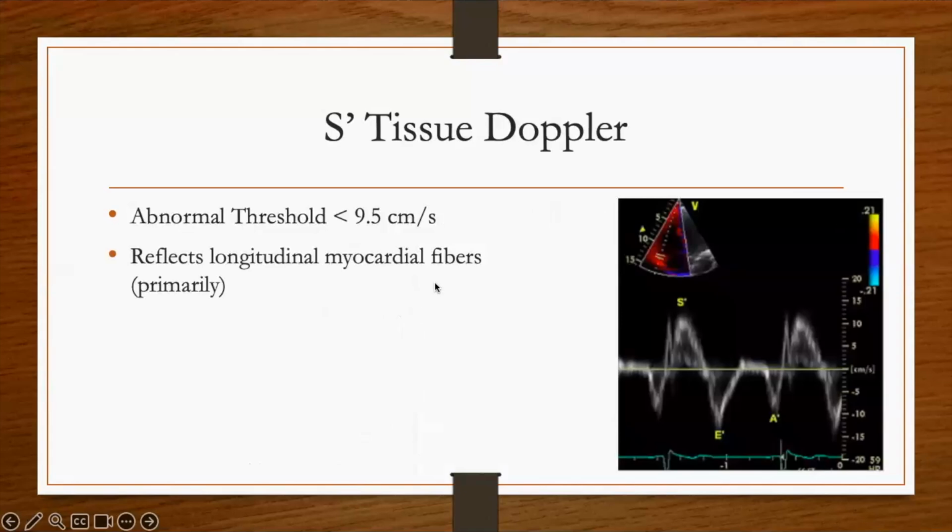Similarly, the next one that assesses again the longitudinal myocardial fibers is the S prime tissue Doppler. This measurement is with the marker again over that lateral annulus, and it looks at the velocity; less than 9.5 centimeters per second is the abnormal threshold.